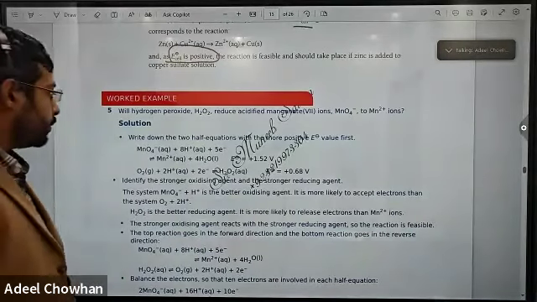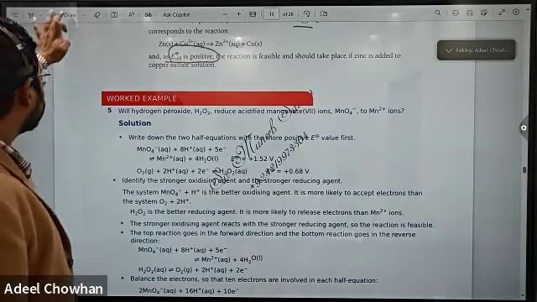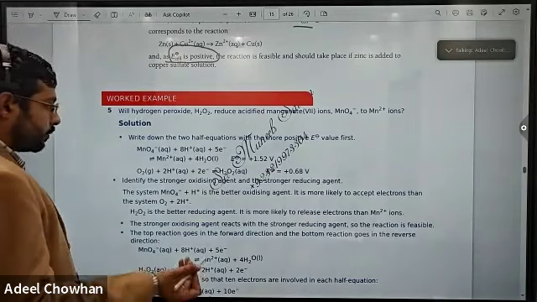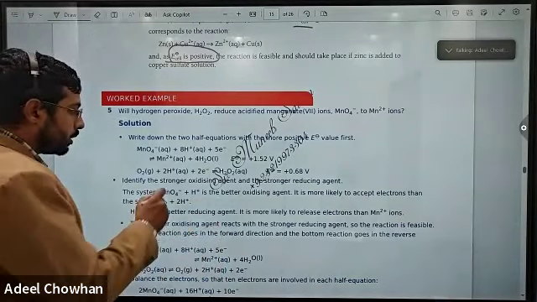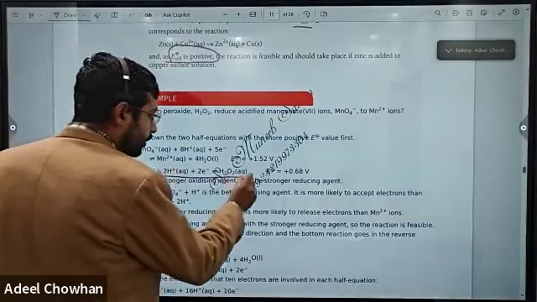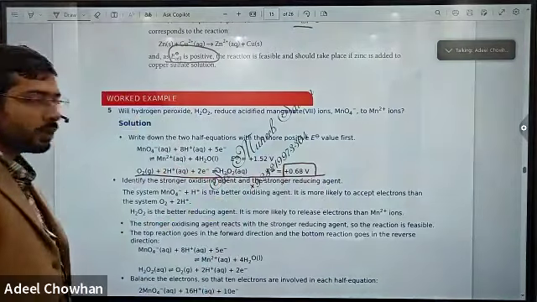If you check from your data section, you will find that the equation for this hydrogen peroxide reduction is this. This is the equation of hydrogen peroxide and its value is +0.68 volt.